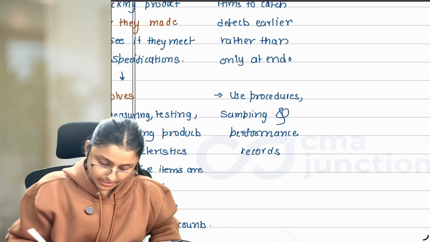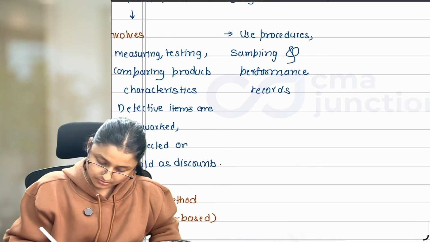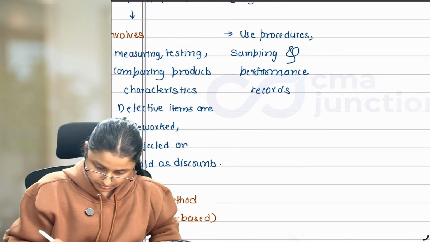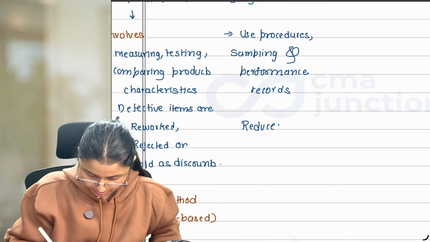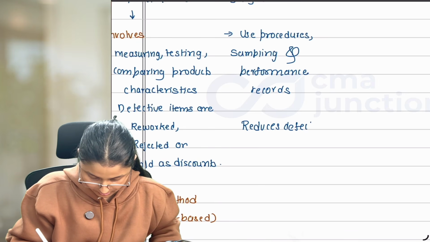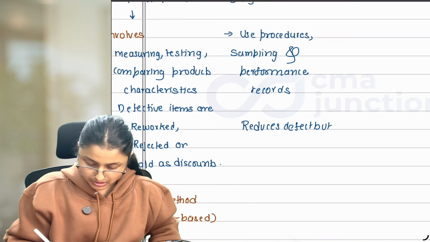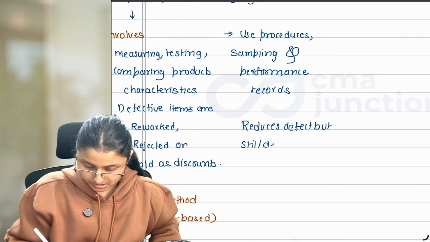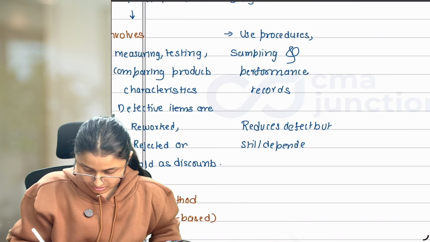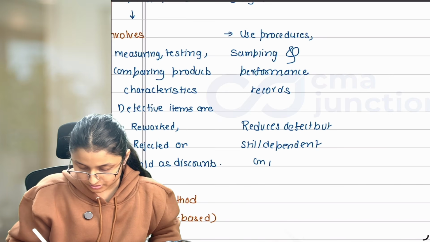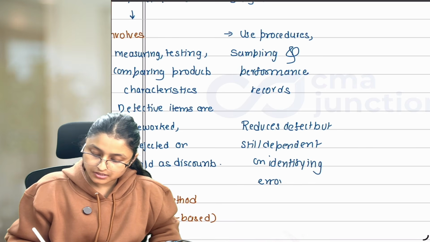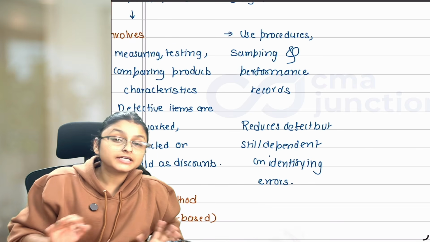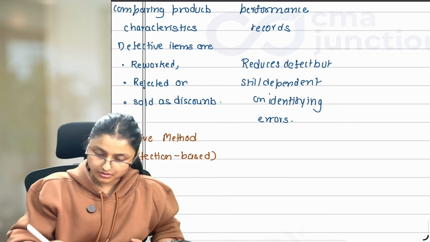This is also a detection based activity. But let's write that afterward. First, write: reduces defects but still dependent on identifying errors. Even if we are able to reduce the defects, this technique is also dependent on identifying the errors, not preventing them.